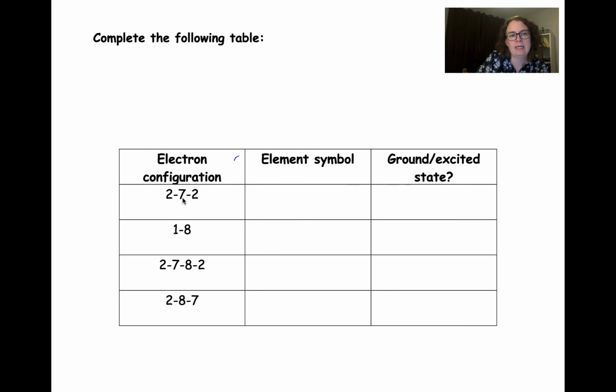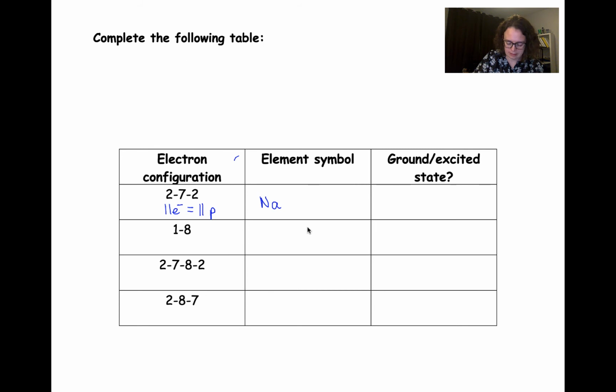So we have 11 electrons here. And if these are atoms, then we automatically know that we're going to have 11 protons. And that's our atomic number, so we can look at our periodic table and see atomic number 11 is sodium, Na.